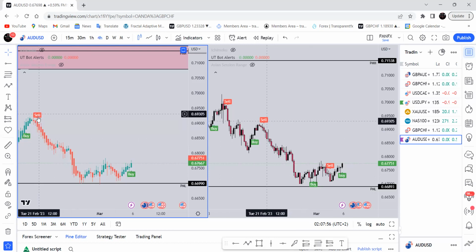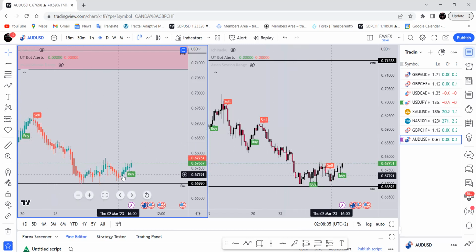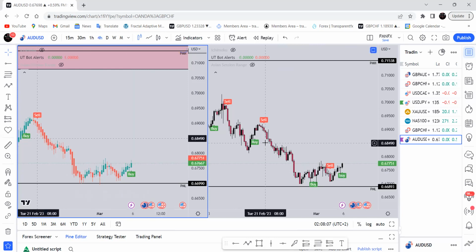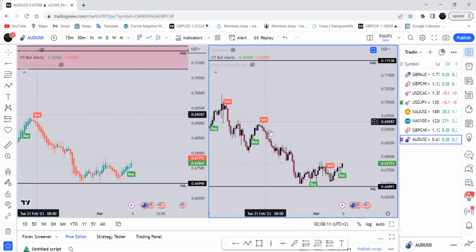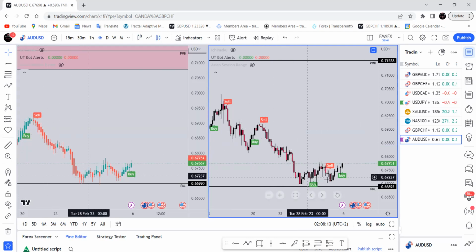This one is less frequent on the Heikin Ashi side. You see the buy, sell, and then it wants you to stay in the sell until it says buy. If you have regular candles on this side, it's more frequent: buy, sell, buy, sell, buy, sell.